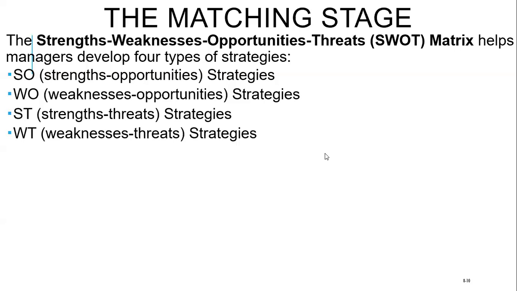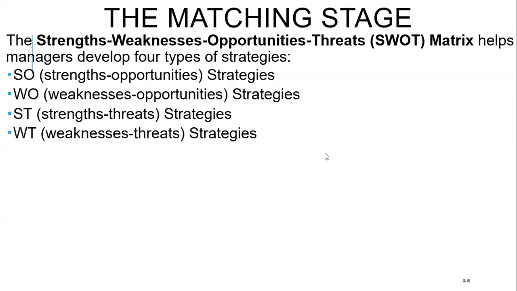So if an organization is drawing its strengths to seize an opportunity out there, as far as the SWOT matrix is concerned, then it is using the first combination, which is strength, opportunity strategies.